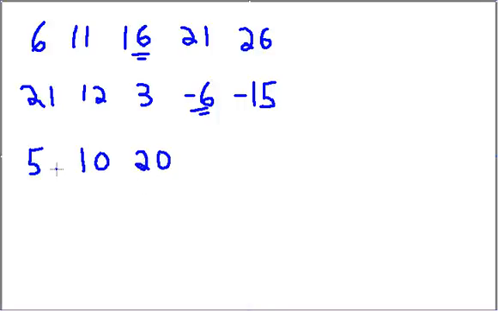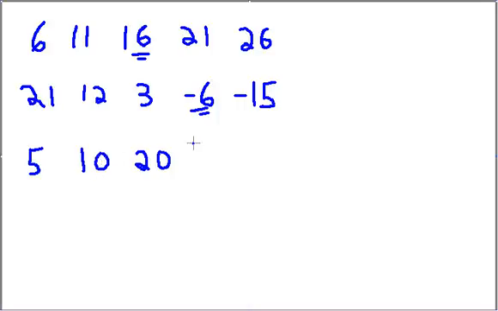So adding 5 is not the correct pattern. What about 10 in relationship to 5? Not only is it 5 more, but 10 is double 5. So let's try multiplying by 2. 5 times 2 is 10. 10 times 2 is 20. So in this sequence, we're multiplying by 2 between each term to get the next term.